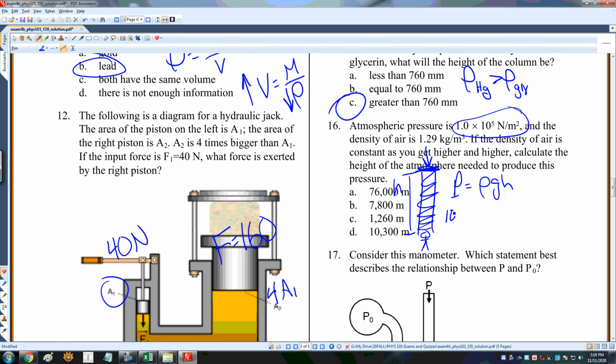So it's going to be 100,000 is equal to 1.29, that's my density, times 10 times h. So h is equal to 7,800.